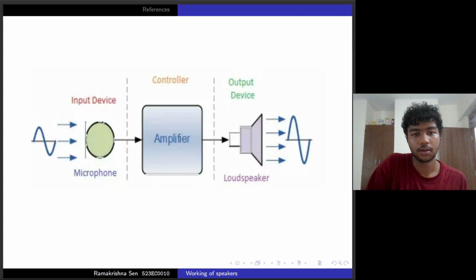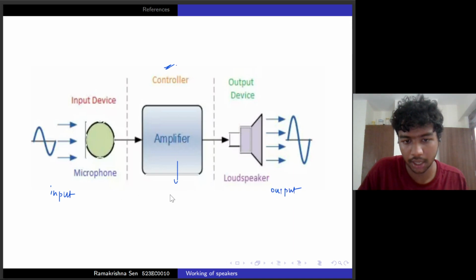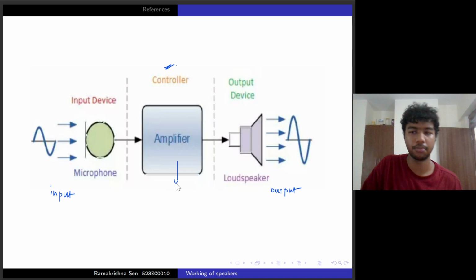So this is a general block diagram for the system where there will be an input, there will be an output, and there will be a controller, right? The controller is mainly comprised of an amplifier, mainly the class A amplifiers. And why does it have an amplifier in it? It is pretty obvious because you need to amplify the input signals through the microphone.